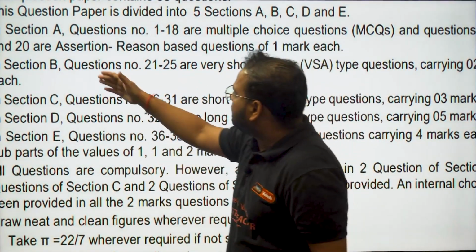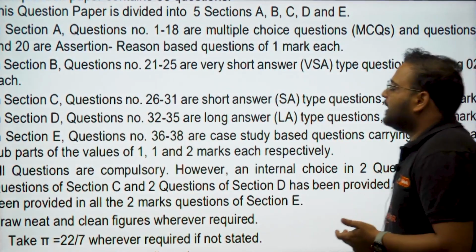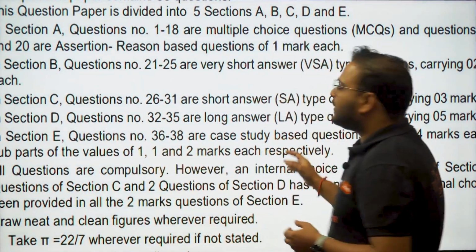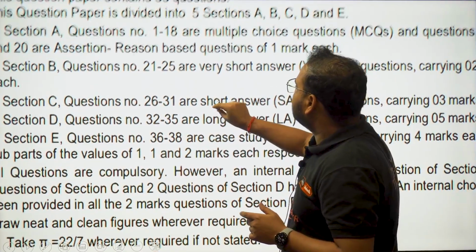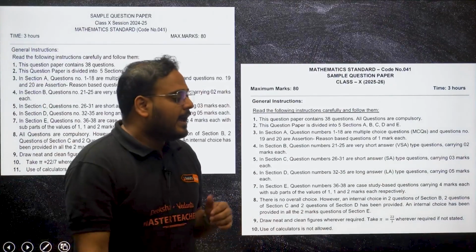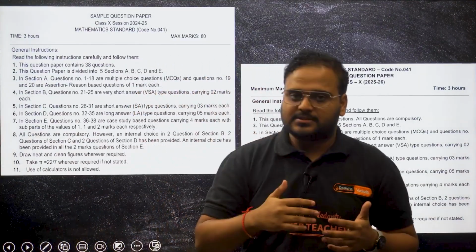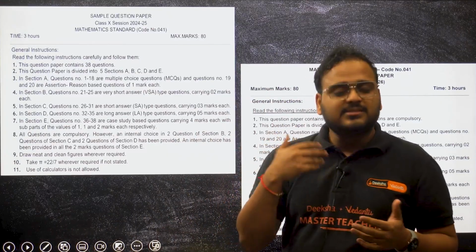We also had section B, VSA. We had section C as SA and section D as LA, and section E was case study questions, a total of 3, 12 mark category. A total of 38 questions were there, all mandatory, and you had an internal choice given in some questions.